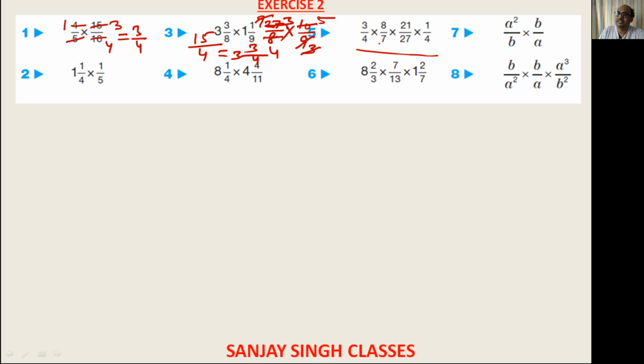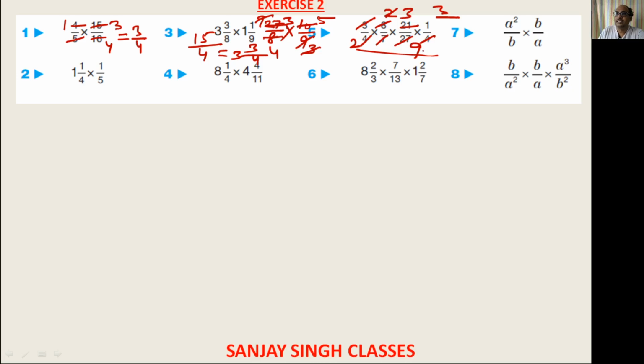We can cancel here itself. 3 9s are 27, then 7 3s are 21, then 4 2s are 8, and then again 2 2s are 4. Now in the numerator part we have got 3 into 1, so that is 3. In the denominator part everything has got cancelled.